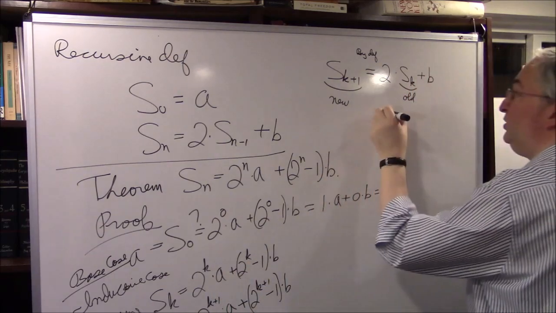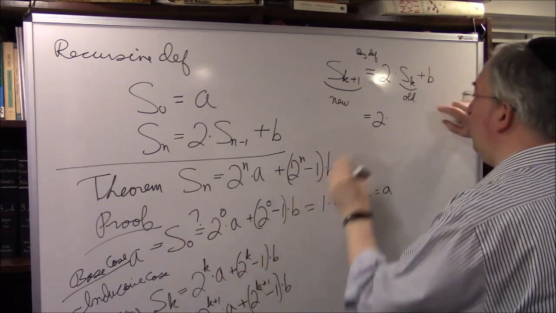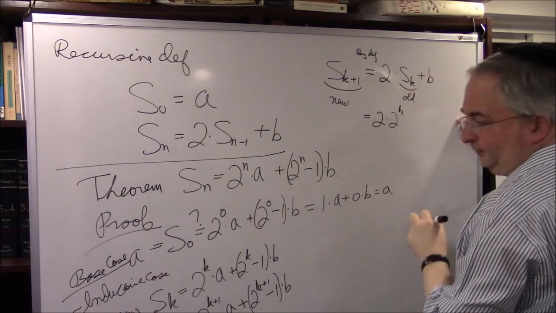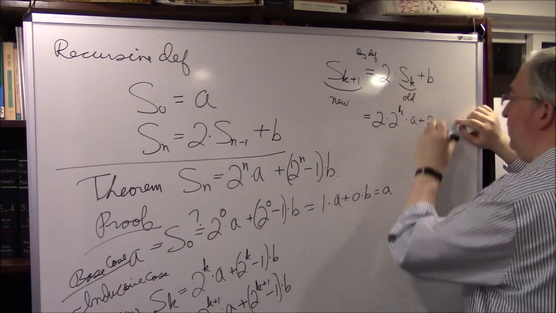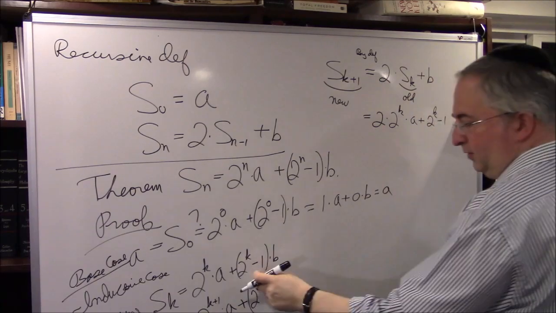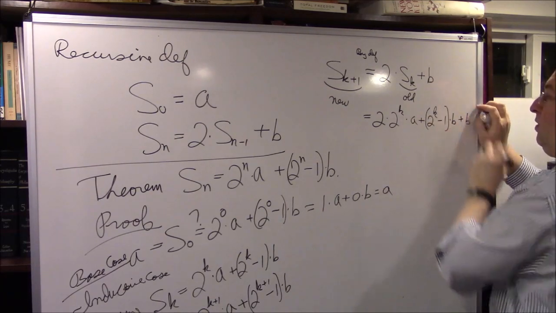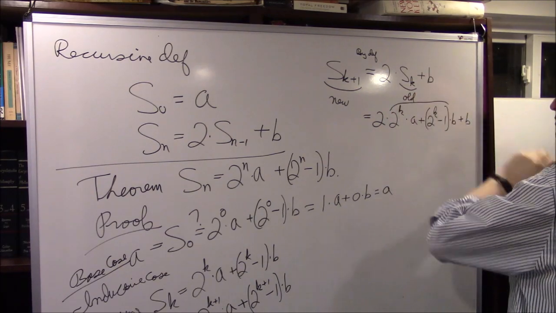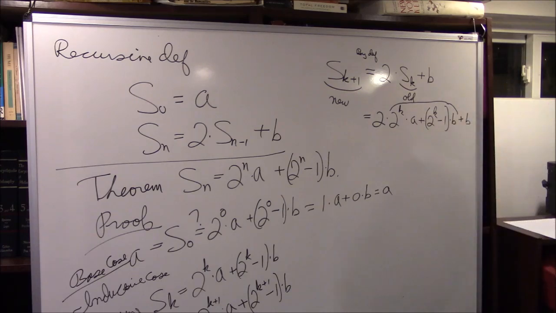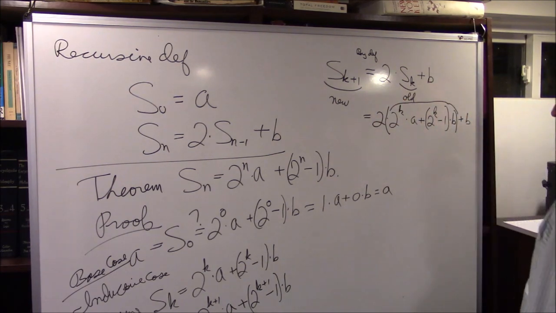What did we assume? So this is equal to 2 times, what's S of k? 2 to the k times A plus 2 to the k minus 1 times B. Don't forget the plus B. So this whole thing was our assumption. I just rewrote S of k right over there. Okay, I'm sorry, this needs parentheses.